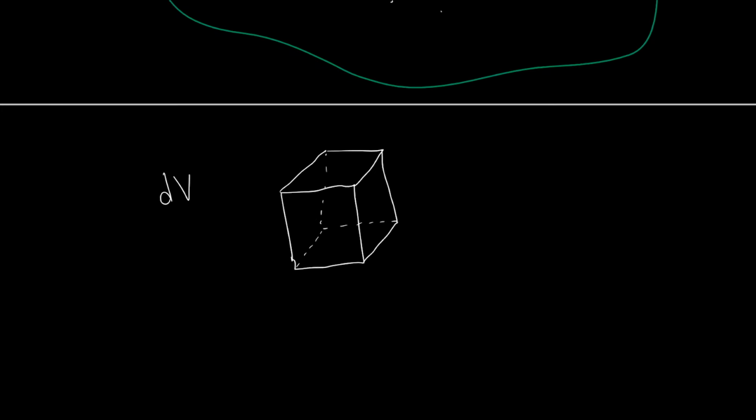Okay, so this is dV. And in particular, the volume of dV is going to be equal to the side length, which I'll call epsilon. So this is epsilon to the 2n, right? Just the side length raised to the number of dimensions that I have.